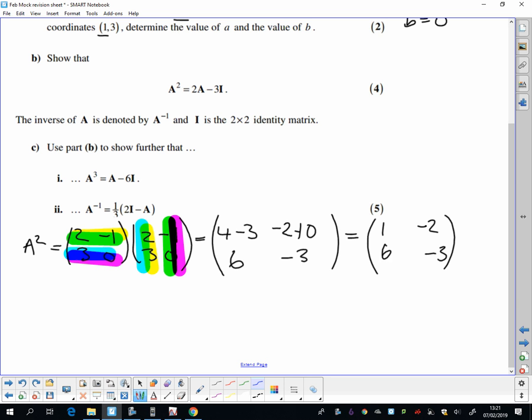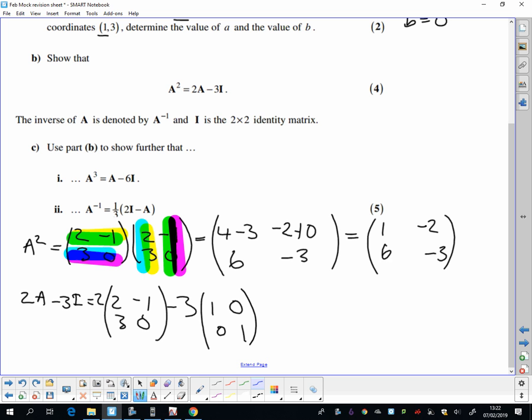Right, I've got to show that's equal to 2A subtract 3I. It's probably easiest in this case just to work out what 2A subtract 3 times I is. So that's 2 lots of A, subtract 3 lots of I. Remember, I means the identity matrix. We're doing a show that, so it's worth showing a bit of working. So that's going to be 4, -2, 6, 0, subtract 3, 0, 0, 3.